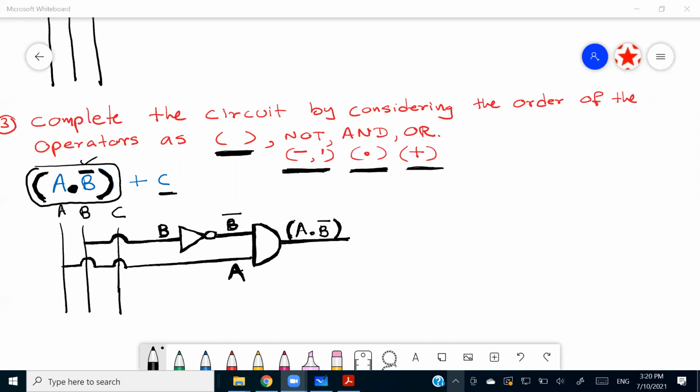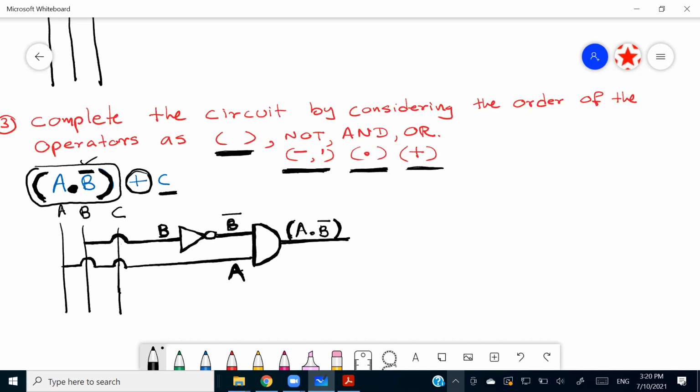So now we are done with the A dot B bar part. Now we are going to deal with C, so we are coming out of the brackets. Once we come out of the brackets, we can see C doing a plus operation with that entire block, which is A dot B bar.